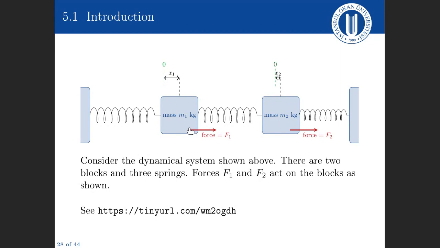We can say that the mass of the first block is m1 kilograms and the mass of the second block is m2 kilograms. And we can suppose that there are forces acting on these blocks. These 2 blocks are going to move backwards and forwards, as I can show you at this web address or using the image which is in the course content section.